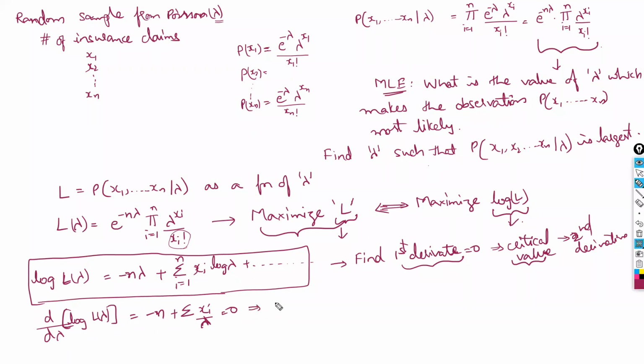When you solve it, you get lambda is equal to x bar, because you get summation of xi by n. This n would come here, lambda will go there. This value is nothing but x bar, the mean. That is why we have said here that mean of Poisson is lambda, variance of Poisson is also lambda. So mean and variance would be equal.